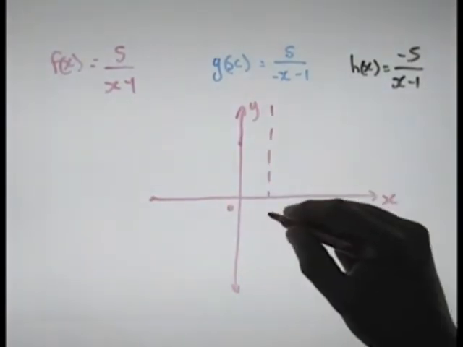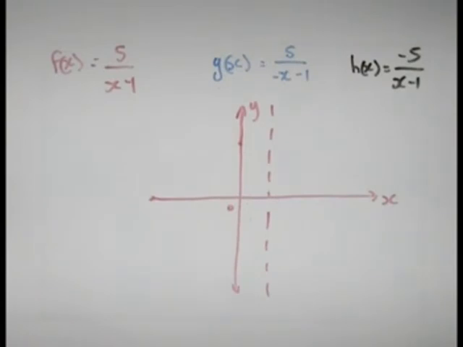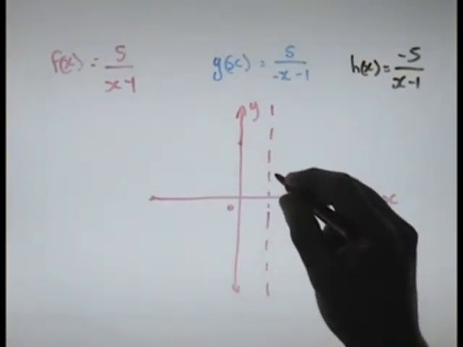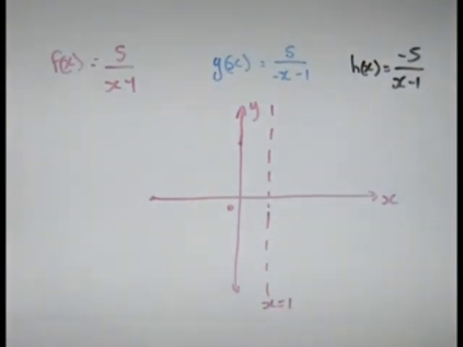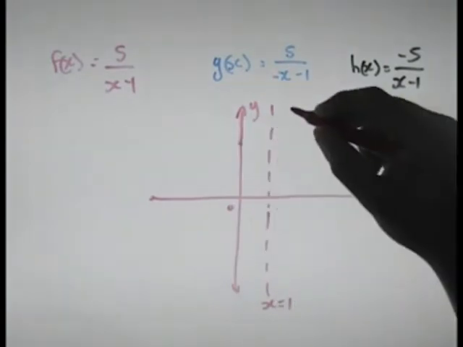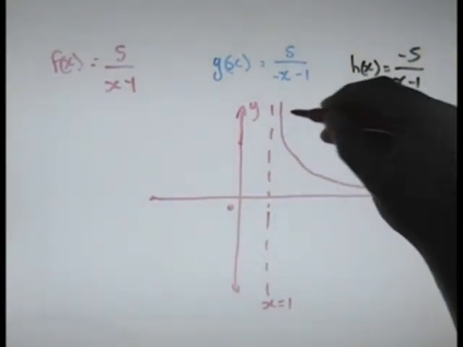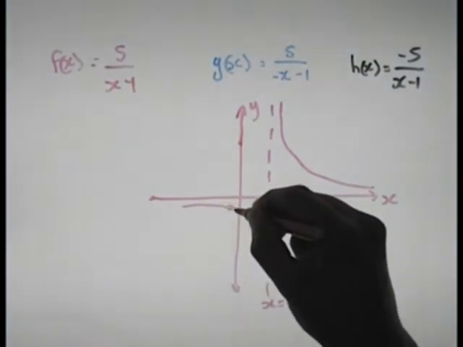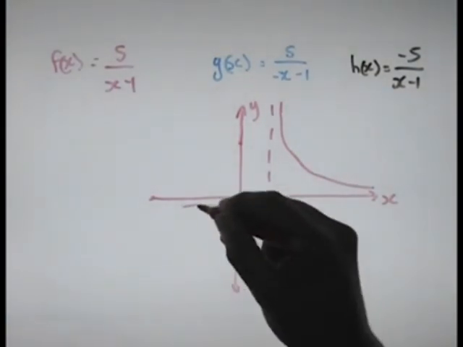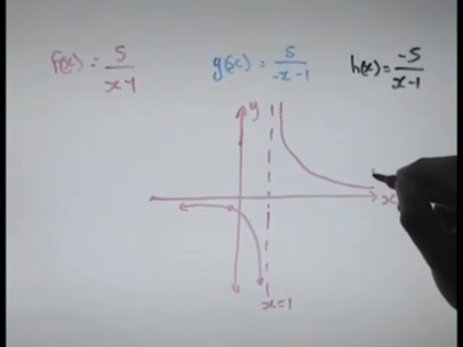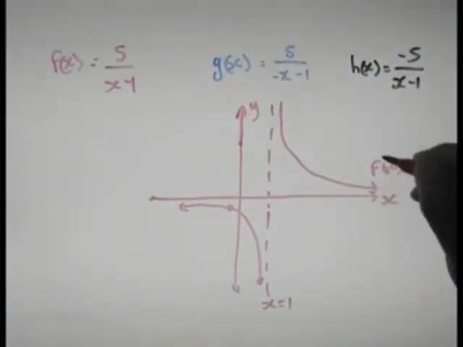That means that my asymptote is at x is equal to 1. That's the asymptote, x is equal to 1. Now my standard graph is going to go over there and over there. And that's my graph f of x.